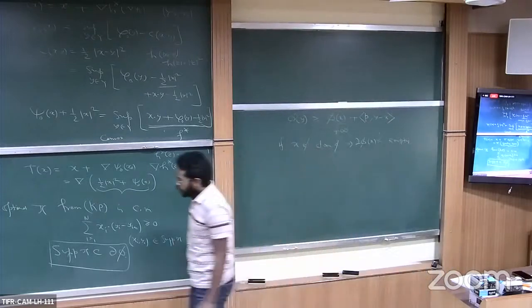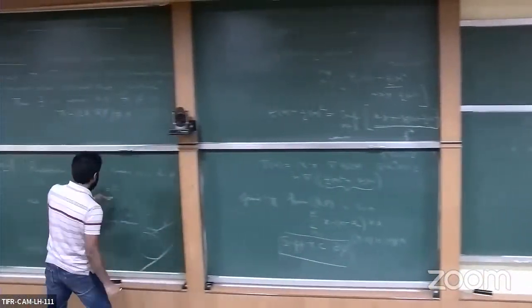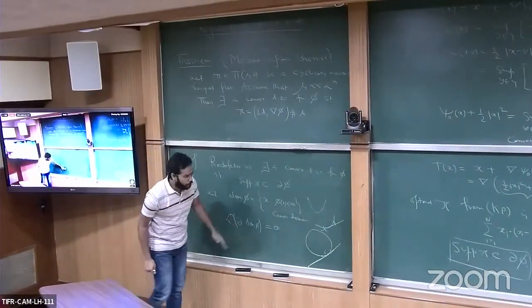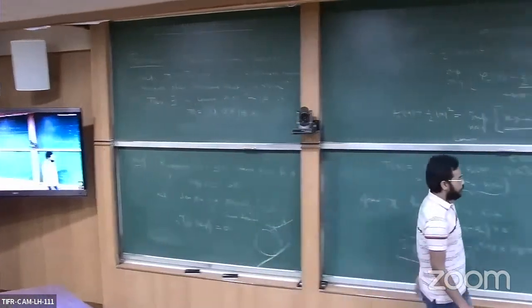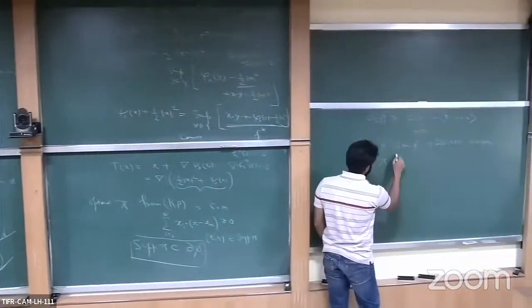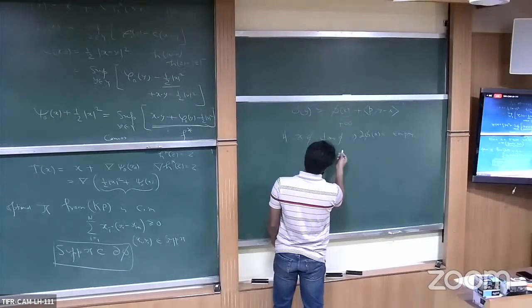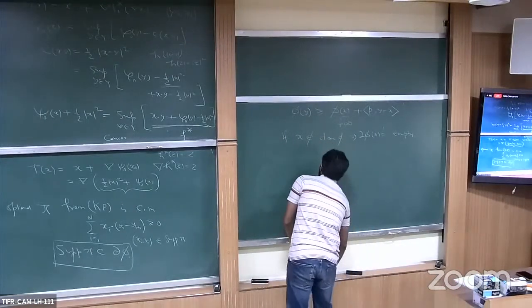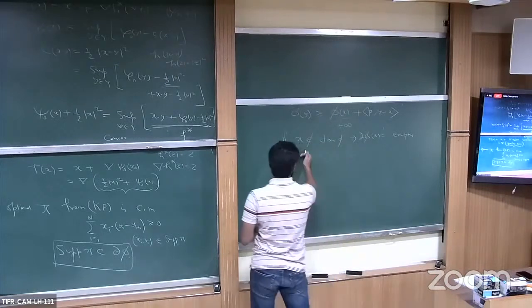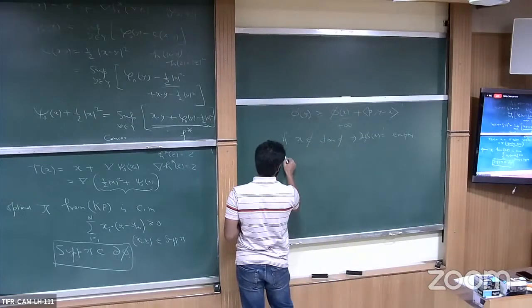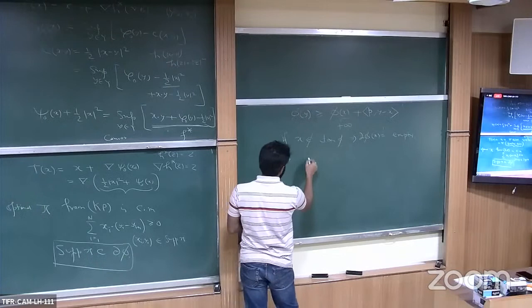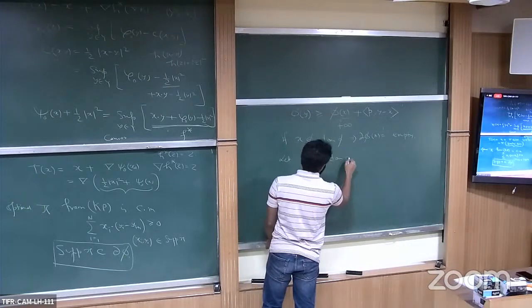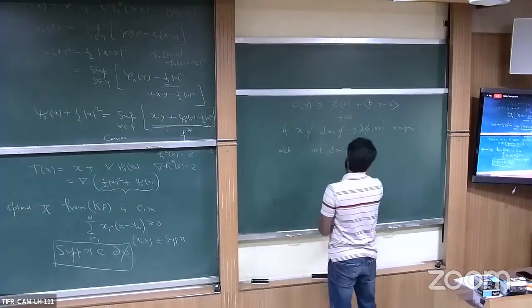So phi basically doesn't give mass to the boundary of the domain. It gives all the mass to the interior of the domain of phi.